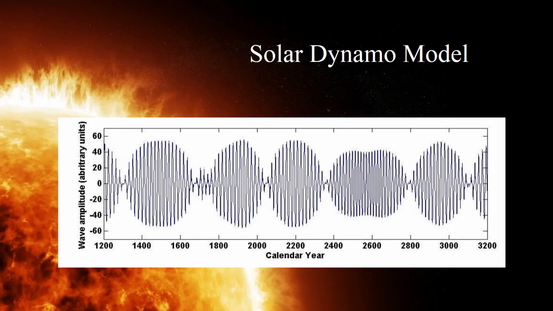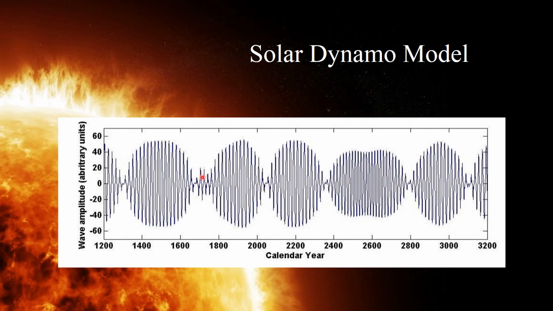This is a representation of her dynamo model, and essentially, in a simplified form, the wave amplitude is essentially the amplitude of the sun's magnetic field, and every 350 to 400 years, we get a grand solar minimum.